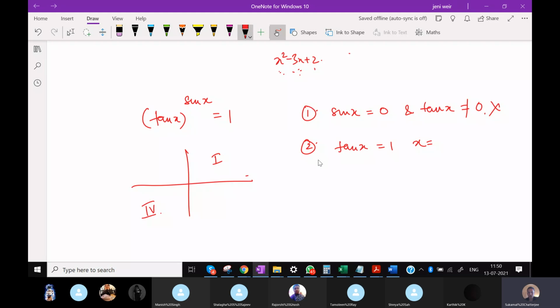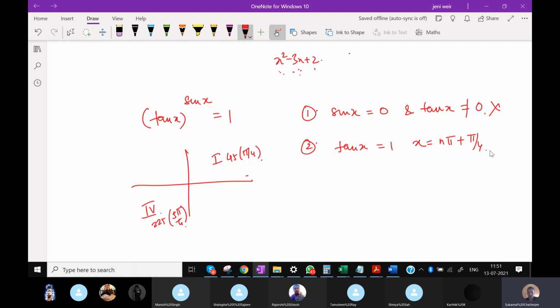So tan x equal to 1 means it can be 45, which is pi by 4, or 225, which is 5 pi by 4, and any multiple of this. So that means it would be n pi plus pi by 4. This would be the set of values of x.